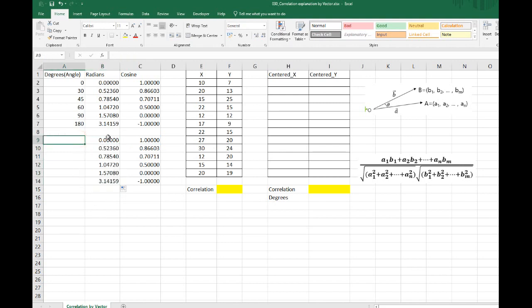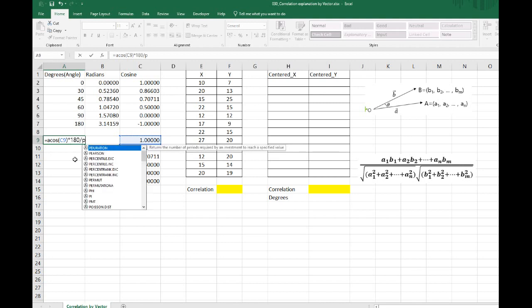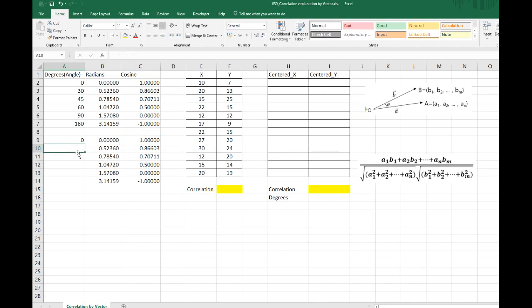Okay, and we can get degrees from cosine theta directly by using this formula: arc cosine, multiply by 180 and divide by the PI function. Alright, so I showed you how to calculate cosine theta from degrees, and also how to calculate degrees from cosine theta.